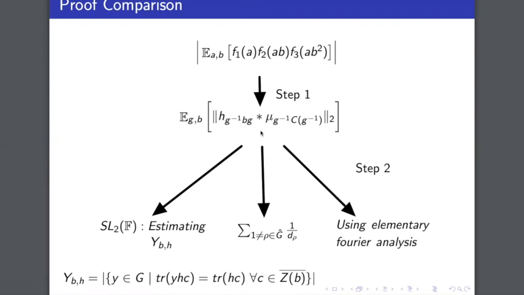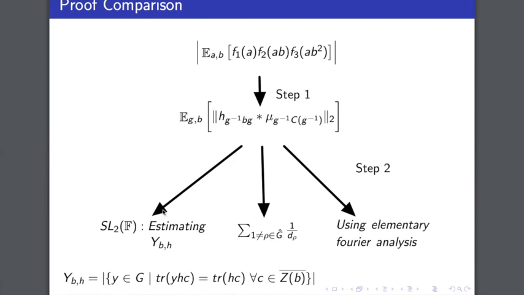Now that we have successfully reduced the task to bounding a term like this, which only involves the function f3 inside it, the approaches of Tao, Pelus, and ours diverge from each other at this point. On the left-hand side, this left arrow denotes Tao's approach.